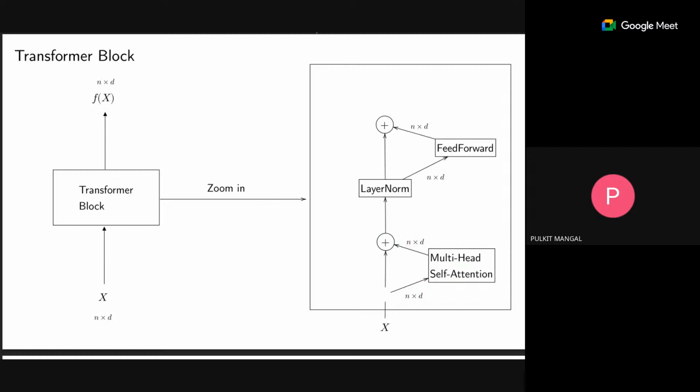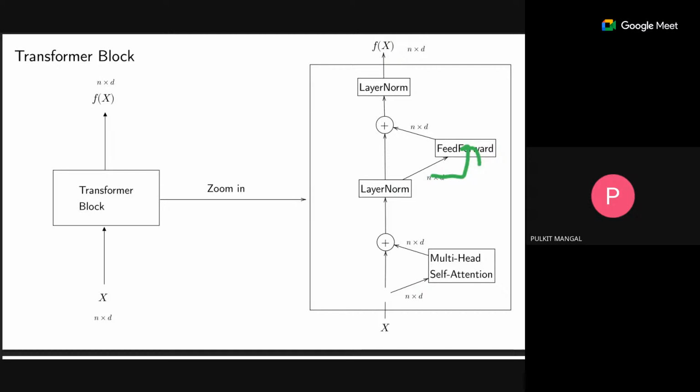Then the output of this layer norm will be fed to the feed forward, and using skip connection, we again pass it as it is. That's how we pass it to the layer norm again, and finally we get the output of one transformer block, which is of the same dimension n cross t. So the input for multi-head is n cross t, output for multi-head is also n cross t.